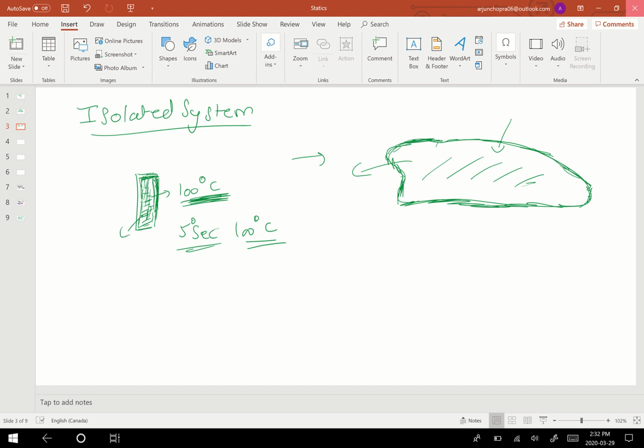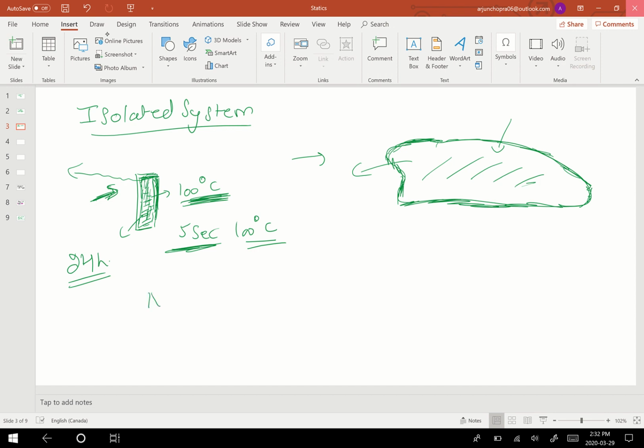But if I look at the temperature after 24 hours, I will find that the temperature has gone down. So eventually this is not a perfectly isolated system because heat is being transferred from the system over a period of time. But for the first 5 seconds or first 10 seconds, it was an isolated system. So we can say a thermos is the closest thing to an isolated system.